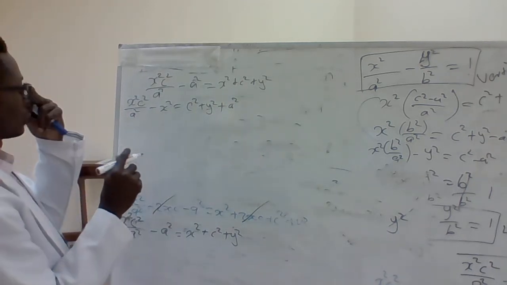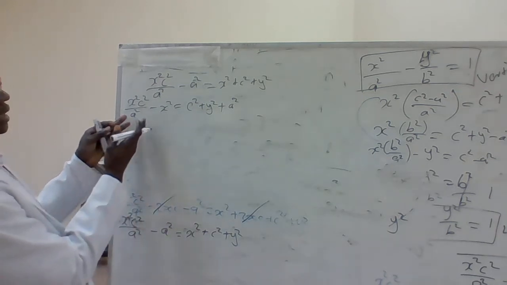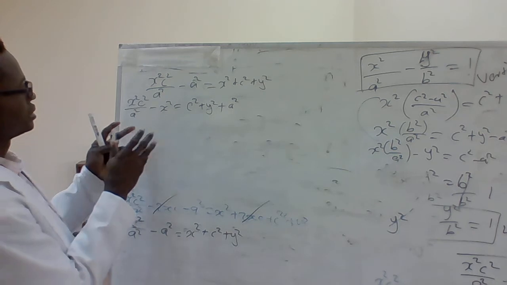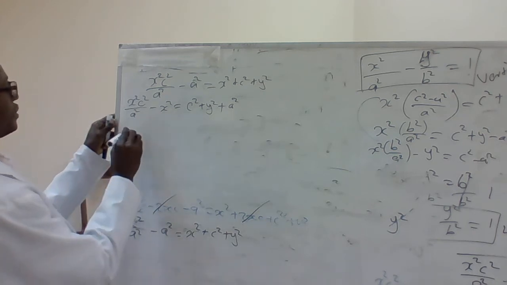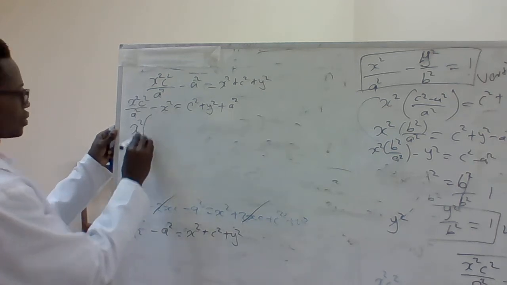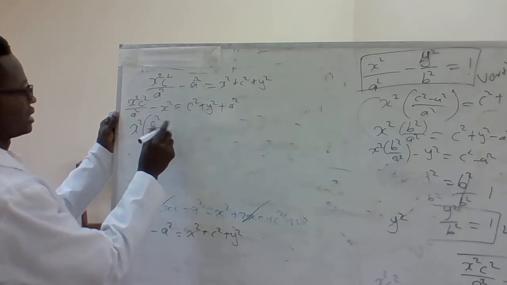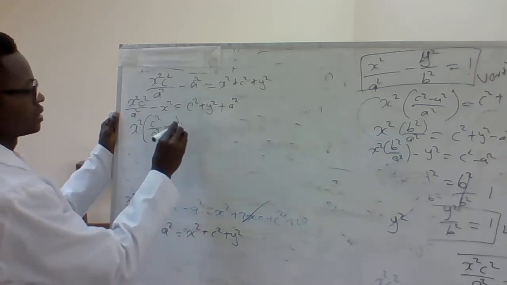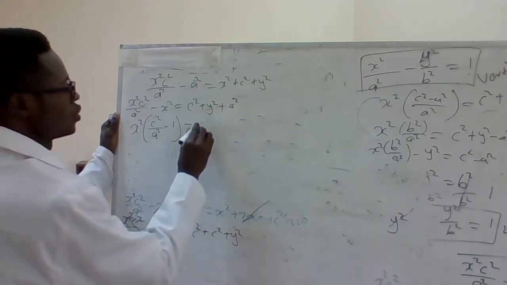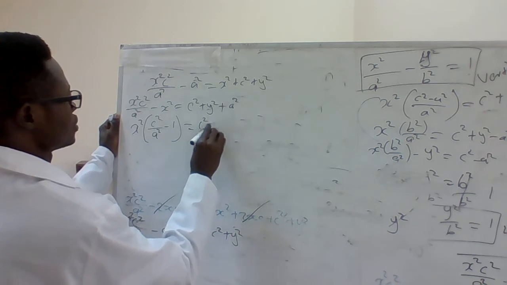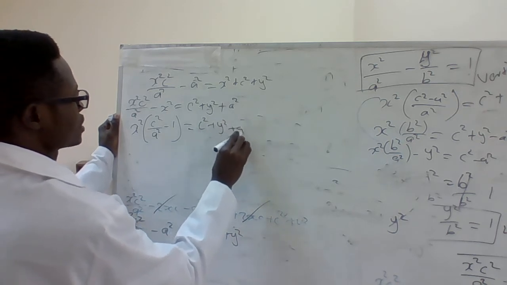Now we can actually factor x squared out so that we have x squared times c squared over a squared minus 1, equals c squared plus y squared plus a squared.